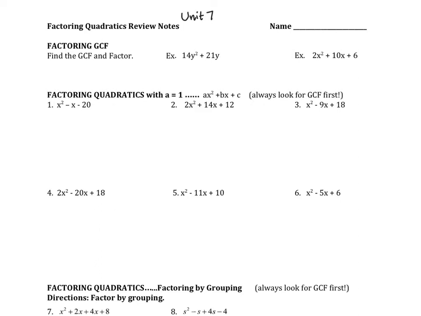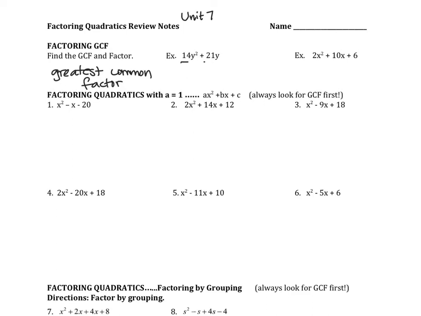So the first type of factoring that we did was factoring out a greatest common factor. So we would look at our terms and find out what they had in common, and we would factor that out. So for example, looking at the first example, it says 14y squared plus 21y.